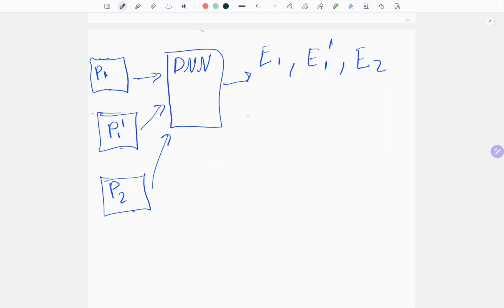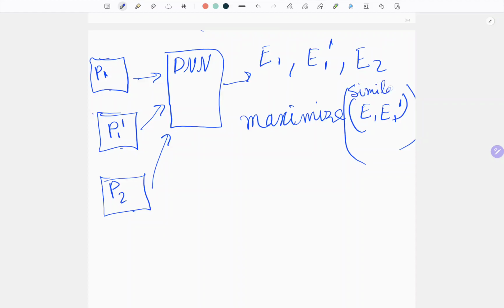Our goal would be to maximize the similarity between E1 and E1 dash, and minimize the similarity between E1 and E2.